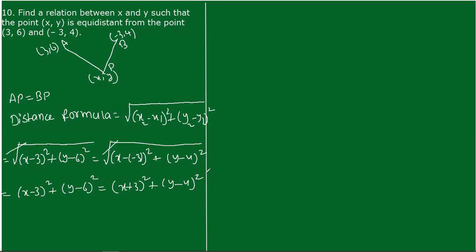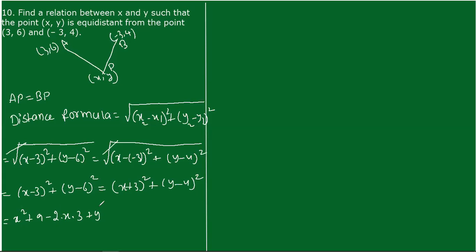This is going to be huge because we have to expand 4 equations. No problem. Here we have to apply the (a minus b) whole square formula. So x square plus 9, and minus 2 into x into 3.